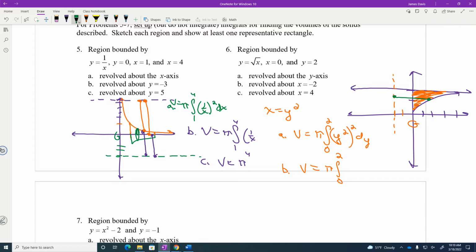Yeah, y squared plus 2. So just the function would be from here to here, and then we've got an extra 2 we have to go. So that would be y squared plus 2.